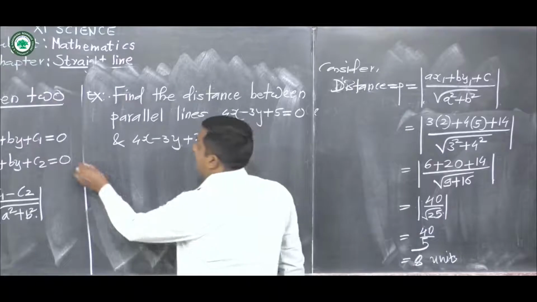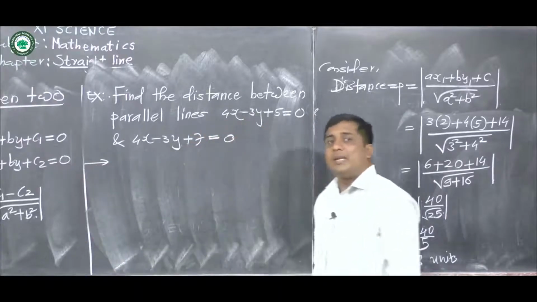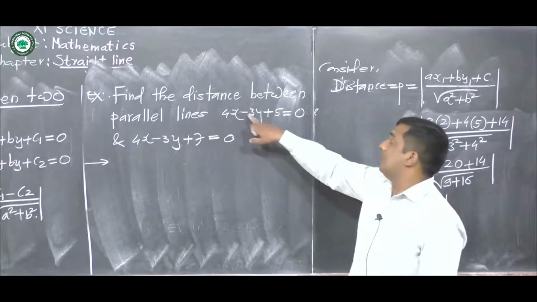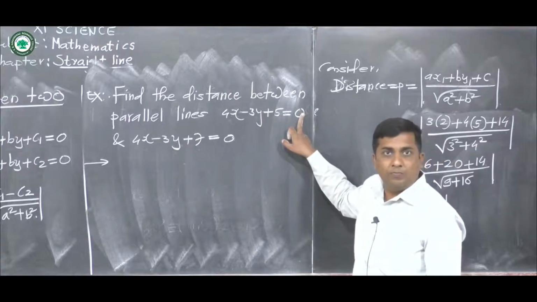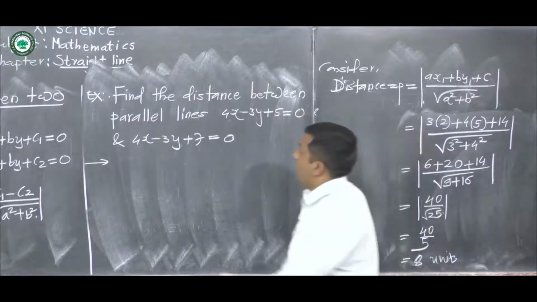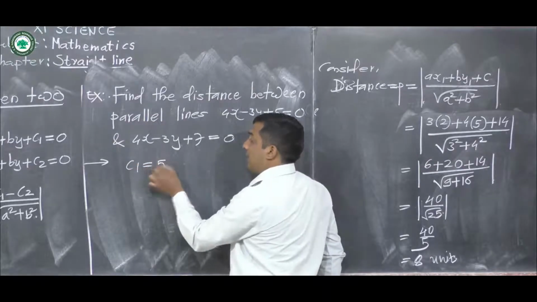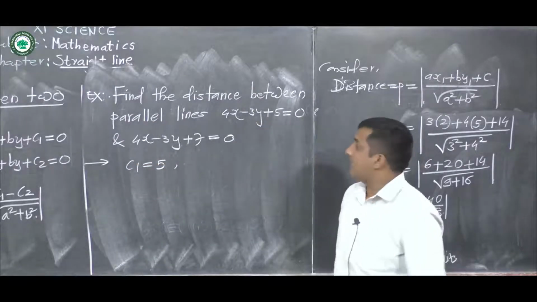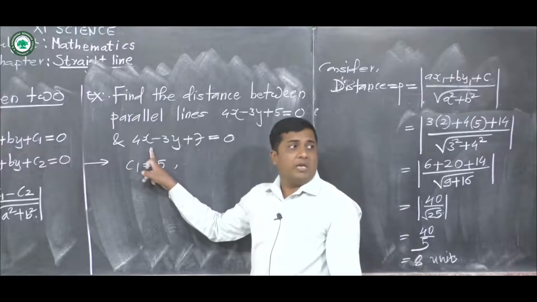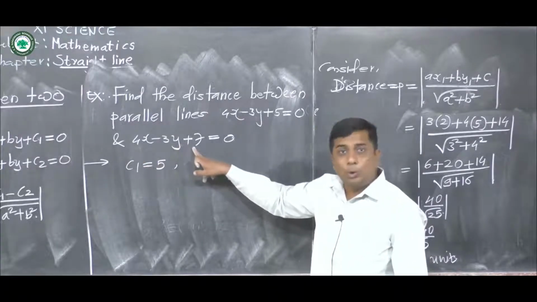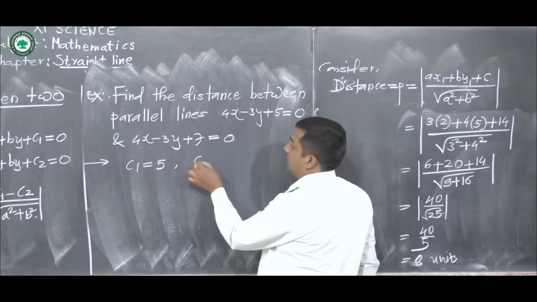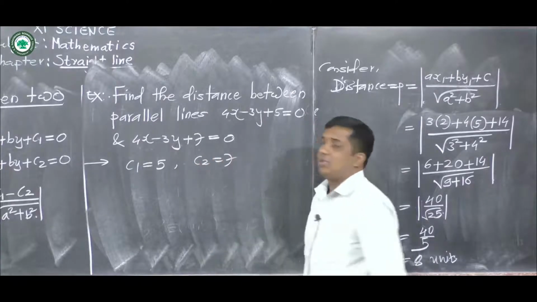Let us consider the first equation is in the form ax plus by plus c1 equal to 0. So here c1 is 5. Let us consider the second equation is in the form ax plus by plus c2 equal to 0. Here c2 is equal to 7.